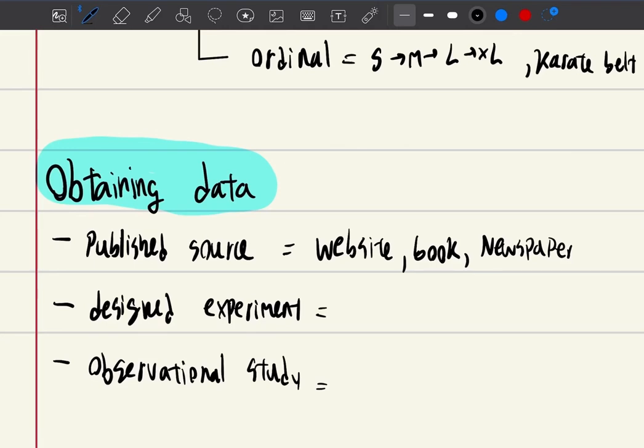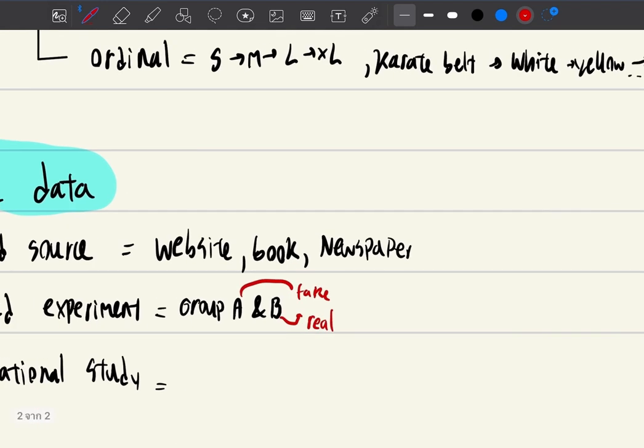Like dividing people into two groups, group A and B. Group A gets a fake medicine, but group B gets a real medicine, to compare how many people are cured by the fake medicine and the real medicine. Something like that.